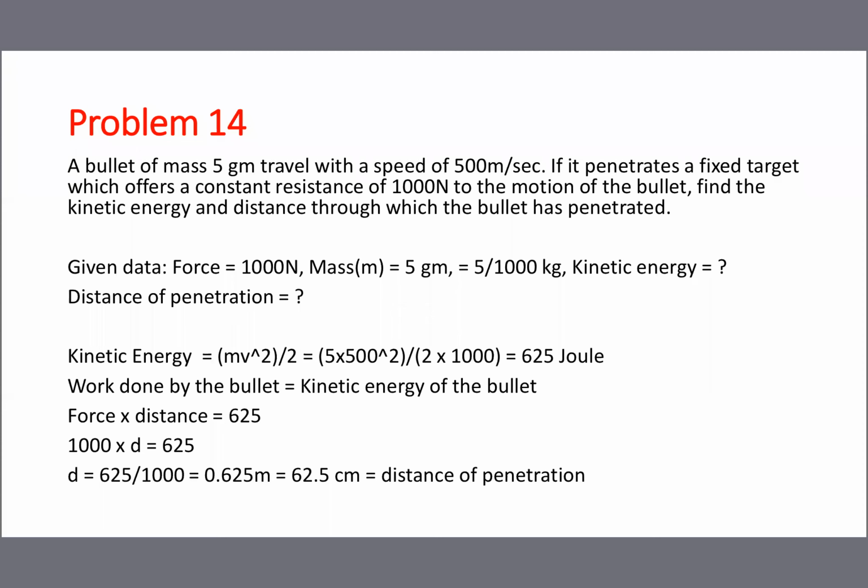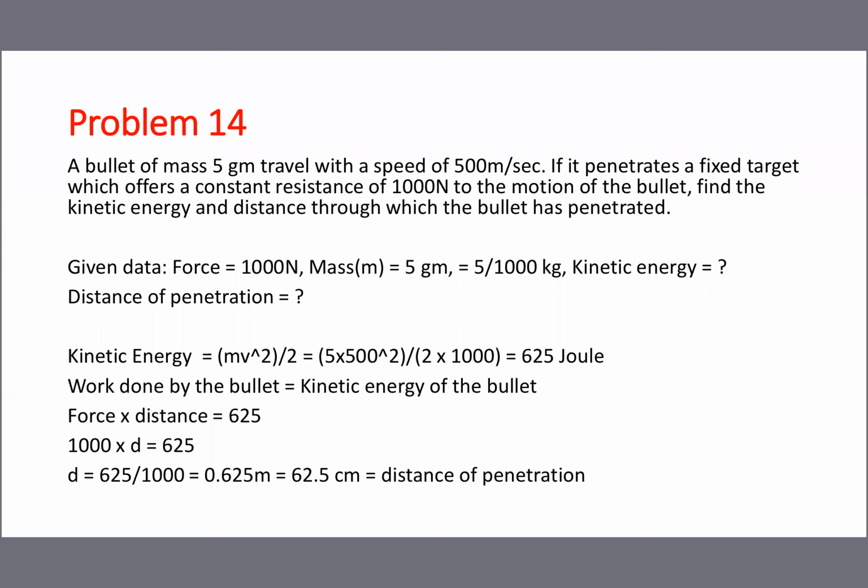So read the line: work done by the bullet is equal to kinetic energy of the bullet. The bullet is having 625 joule of energy. All the energy is converted into work. So that is the idea. Work done equals kinetic energy, which is 625. Apply the work done formula, force into distance, because all the energy is converted into work.